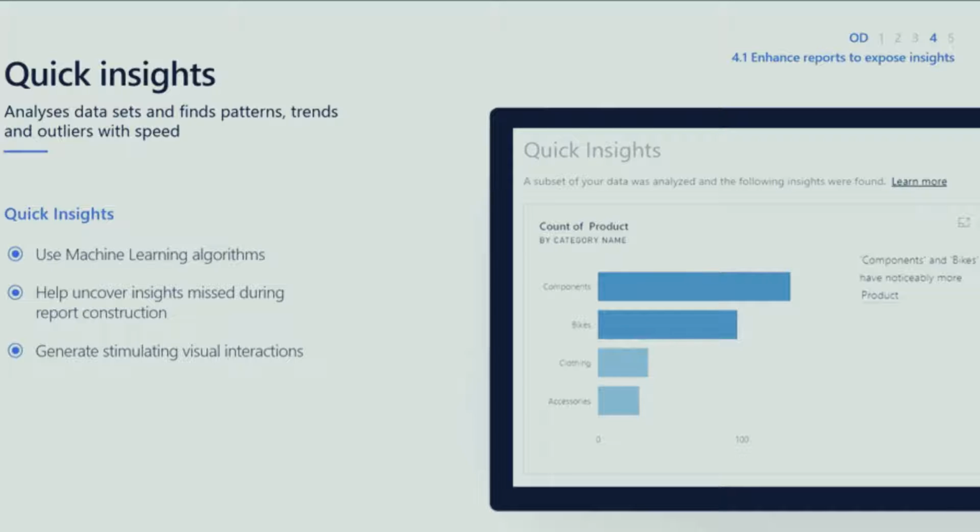Now, this is not going and saying, oh, you're having the max number of dollars coming through for this category, or you have more components than anything else. It actually goes underneath and calls out that you have more components, because of which you have more sales numbers which are looking like a strong number for the components category.